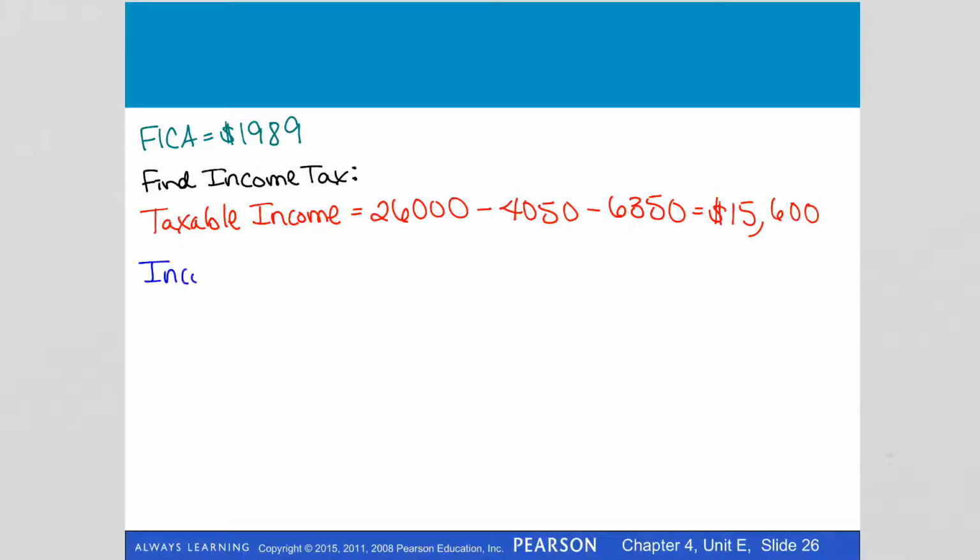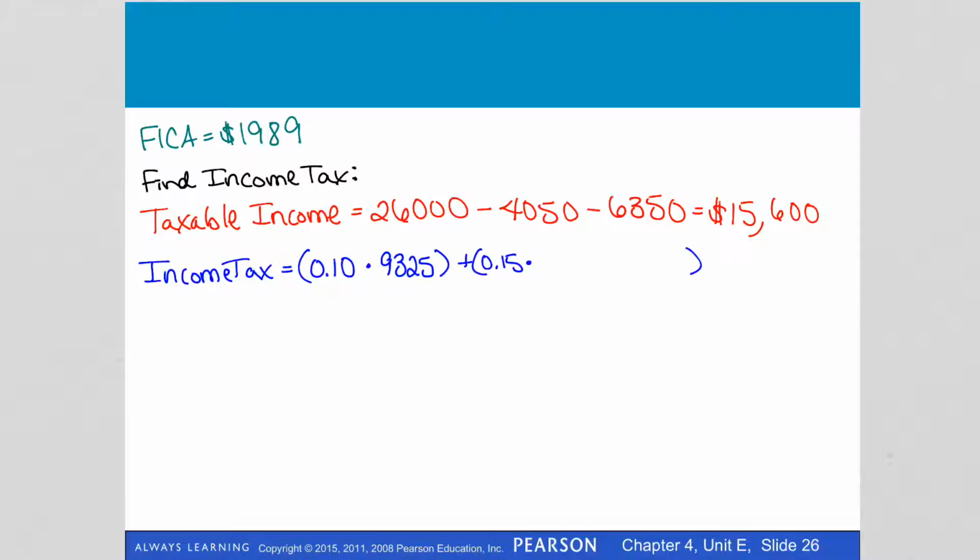Her income tax is found like this. We said she's in the 15% bracket, right? So that's all fine and dandy, except if you look back at the table, and I'm not going to flip back there because it took forever, the first $9,325 is taxed at 10%.